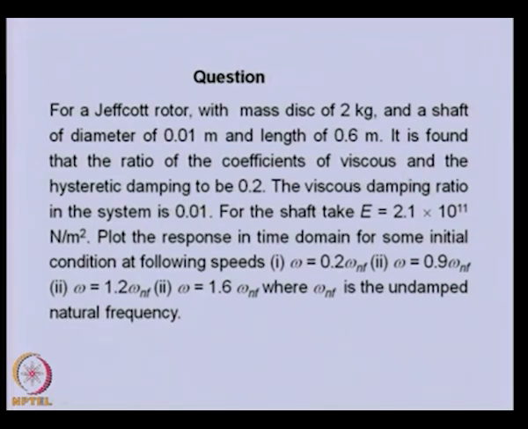For the shaft, the material property like E is given here. Now, we want to obtain the response in the time domain, or the orbit plot, for some initial condition at various speeds. This is the undamped natural frequency. So, at various speeds we will be obtaining these plots, and we will see how it behaves.